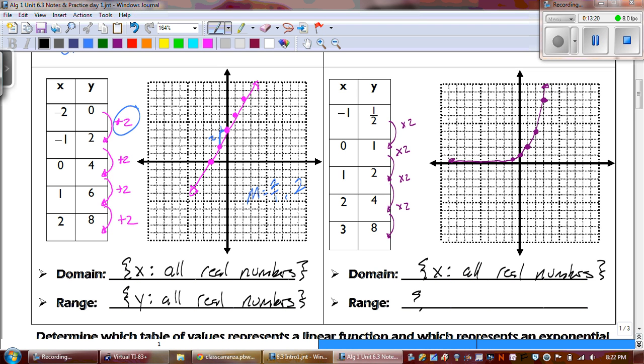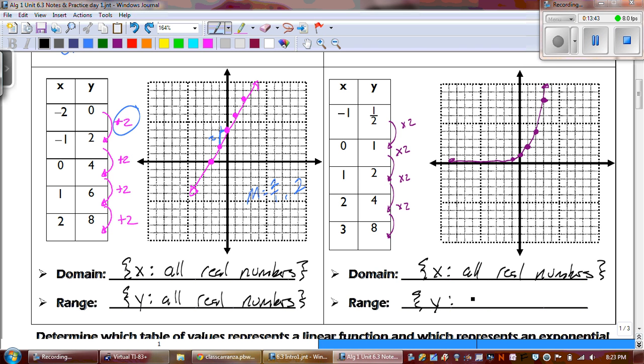But now when we're talking about the y, our range, it can go as high as we want to, but remember, it can't cross the x-axis. So if it can't cross the x-axis, it's never, ever going to get to 0.